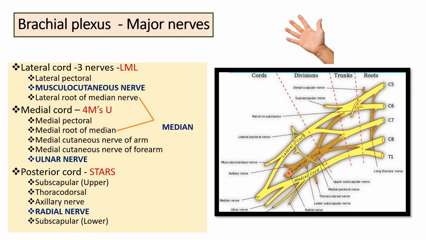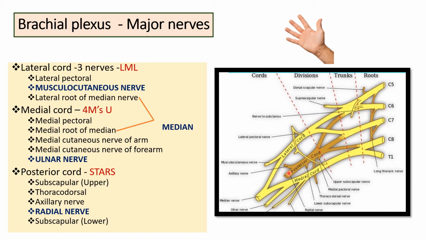Then the anterior divisions of the upper and middle trunks, carrying the root values of C5, C6, C7, will form the lateral cord.